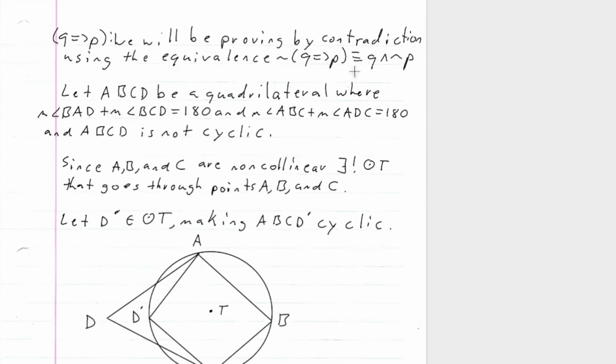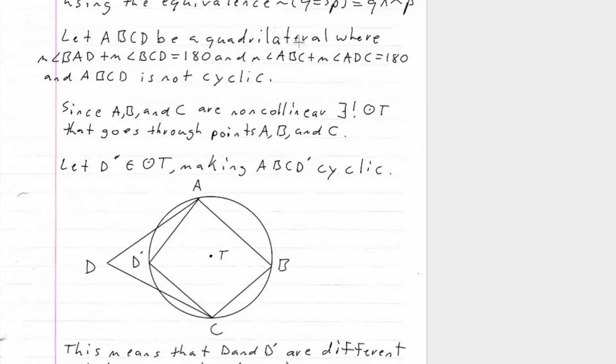So for the proof by contradiction, we let ABCD be a quadrilateral where BAD plus BCD is equal to 180, and ABC plus ADC is equal to 180. That's Q, and we're going to assume the negation of P, which is ABCD is not cyclic.